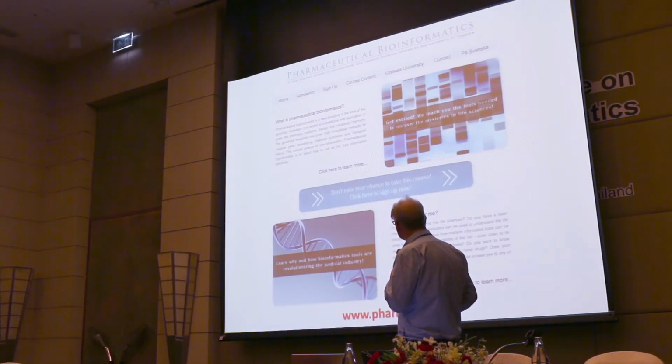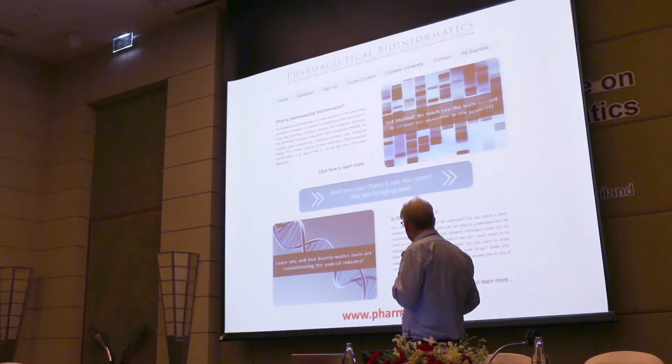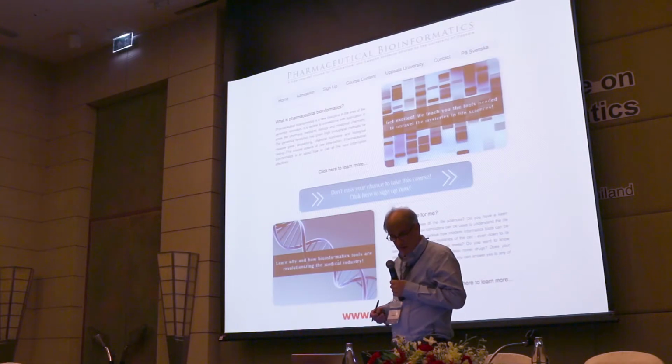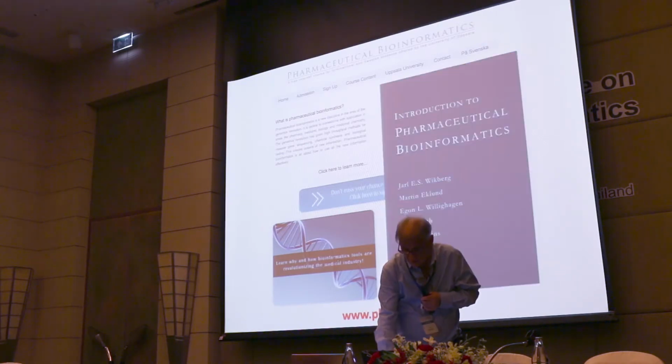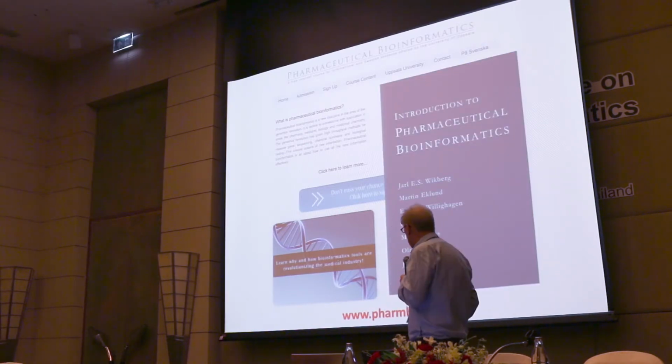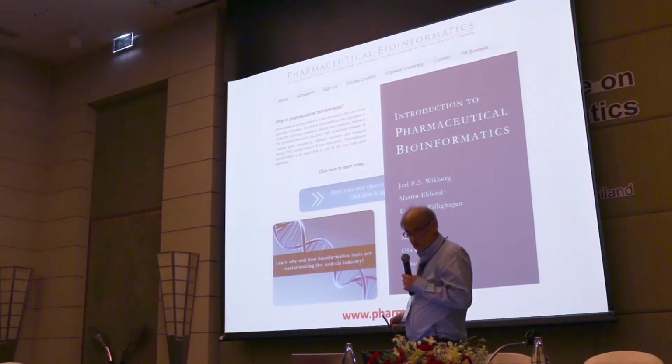We started this field of pharmaceutical bioinformatics, as we call it, and started education in the field. We wrote a textbook for the purpose of the course, and now we educate about 500 students in pharmaceutical bioinformatics every year, mainly through internet-based courses.